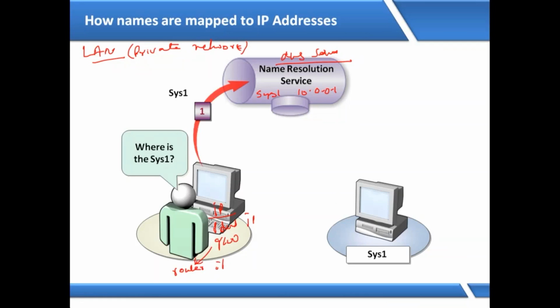In the DNS server, it will check whether this name is registered. If it is not registered, you will get an error. If it is registered, it will convert, or resolve, or change that name into IP. So with the help of that, you can access it.